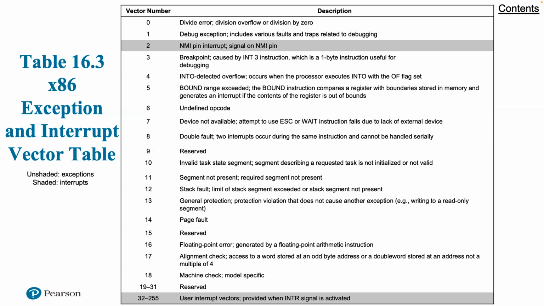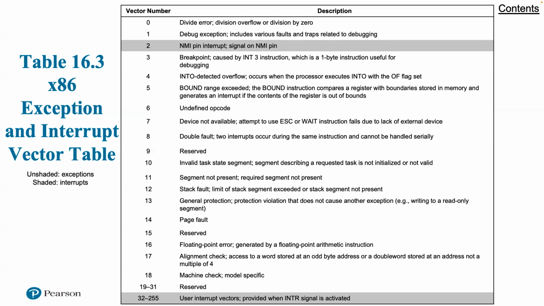Instead, priority among the exceptions and interrupts is organized into 5 classes. In descending order of priority, class 1 is interrupts on the previous instruction, the vector number 1. Class 2, the external interrupts. This would be 2 and 32 through 255, and so we're referring to items on this list.